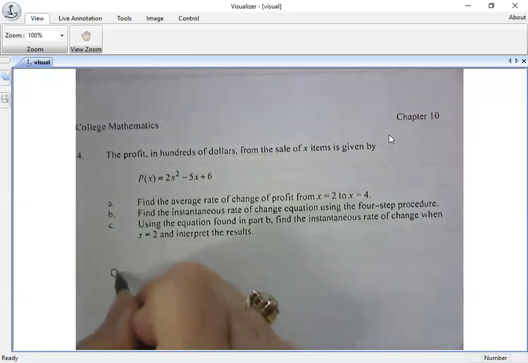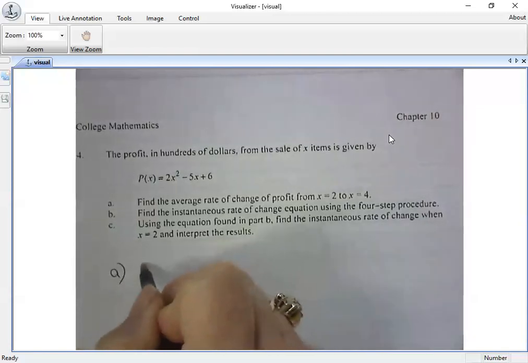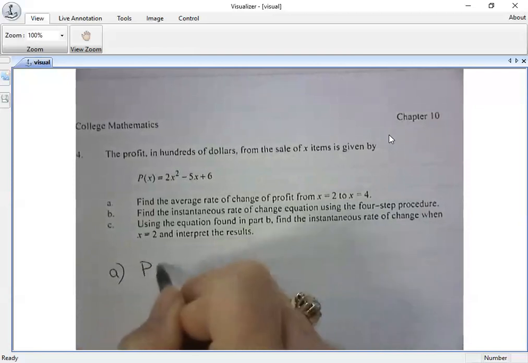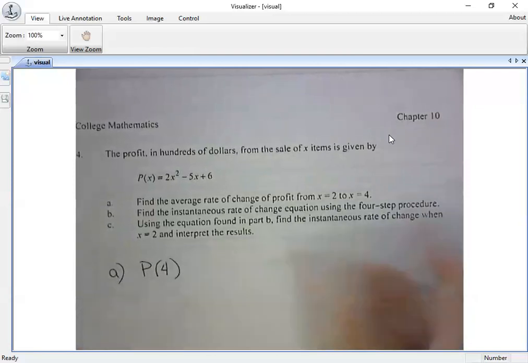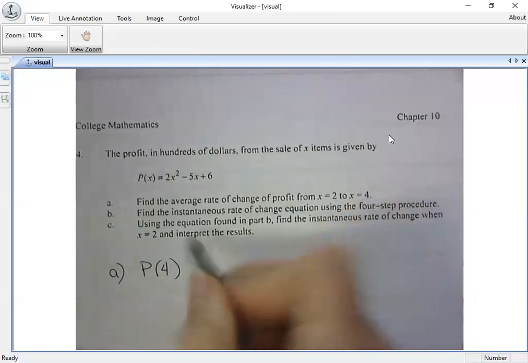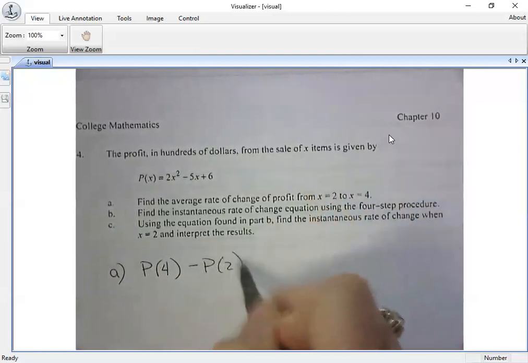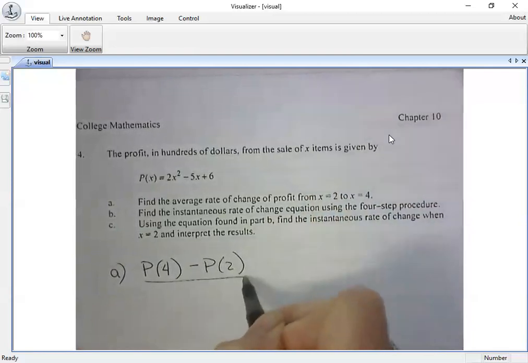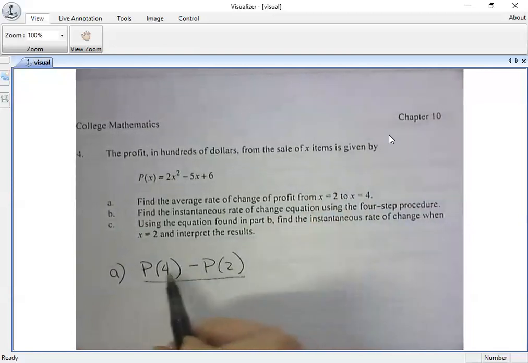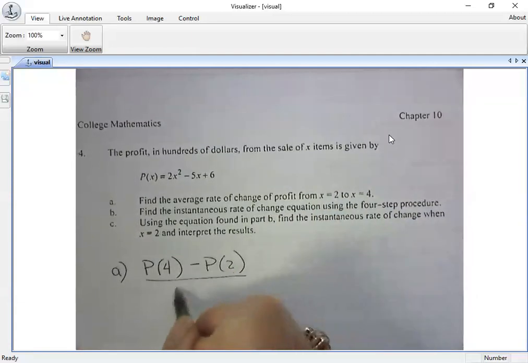So for part A, all I need to do is take the y value when I'm using 4, subtract the y value when I'm using 2, and divide it by what? That's my difference in the y values, divided by 4 minus 2, the difference in the x's, right?